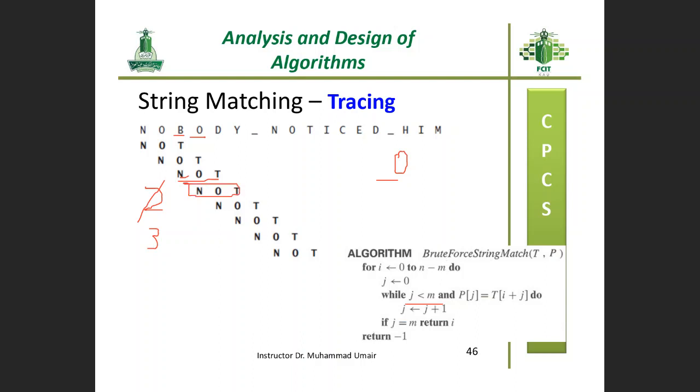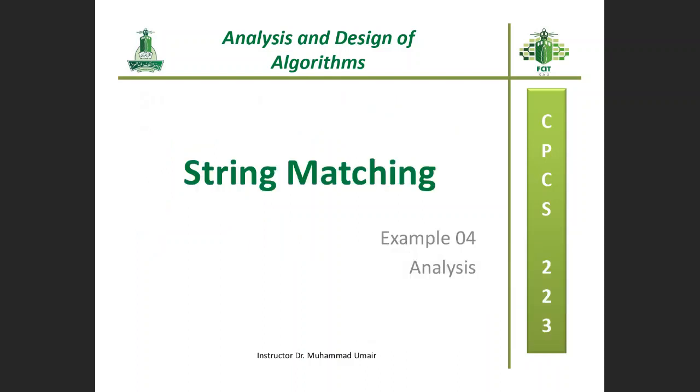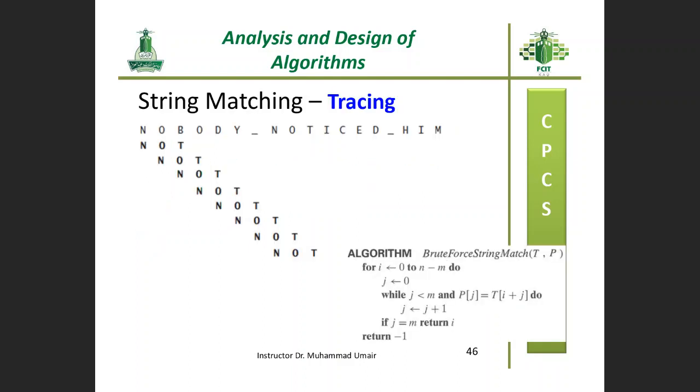Again comparing P of 0 with T of i plus j. i is 3, 3 plus 0 is 3. So we compare N with the text character at 3 and N is not equal to O. So again it is a mismatch. So you will shift the pattern towards the right. Is that clear? So it keeps on moving one character ahead after every iteration.